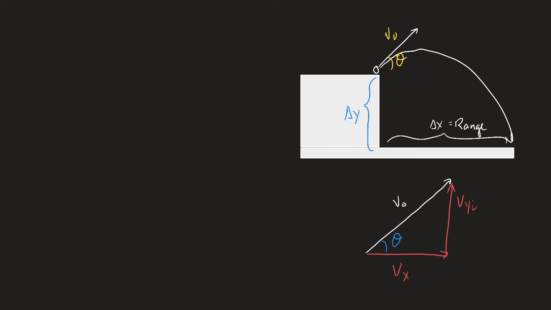Something I said yesterday, that no matter where the object is along its route, the horizontal velocity stays the same the whole time. It's the vertical velocity that changes, because that's the one acted on by gravity.